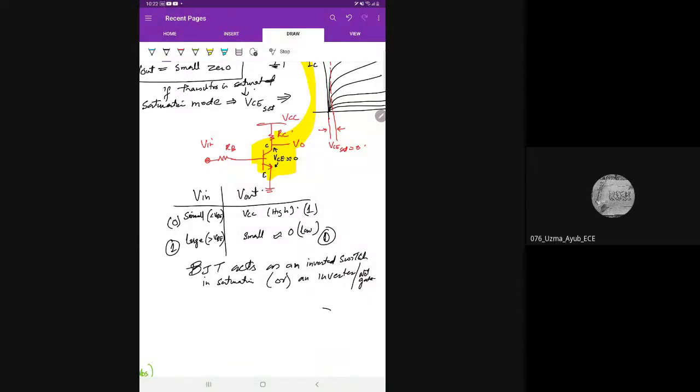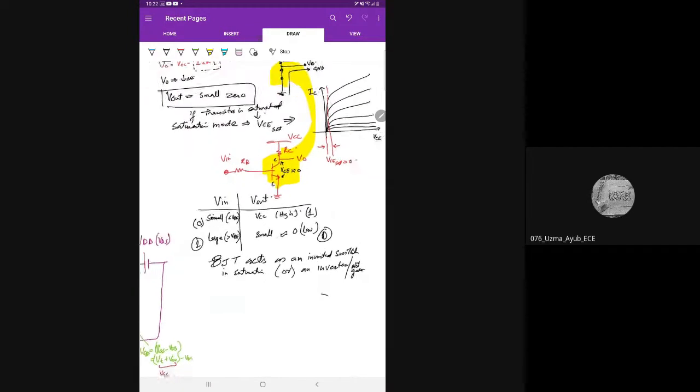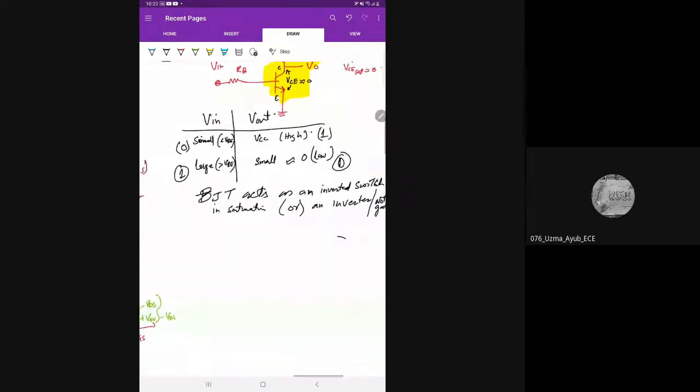Now, the question is, what is the current that flows when the BJT is acting as a switch? Okay, so I'll write down a few lines here.